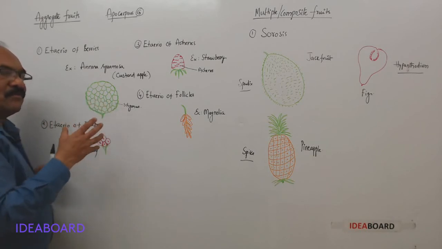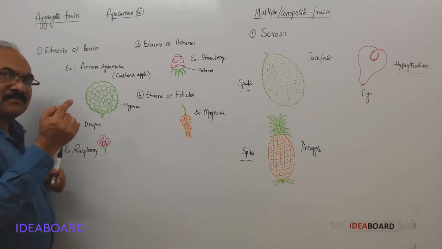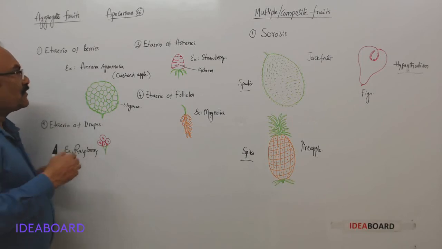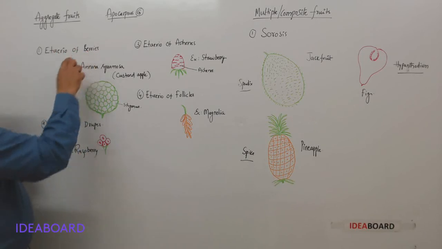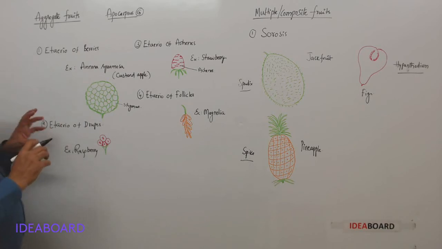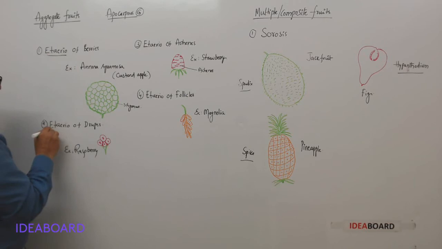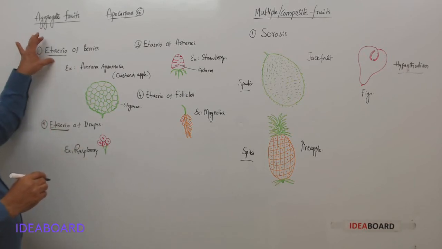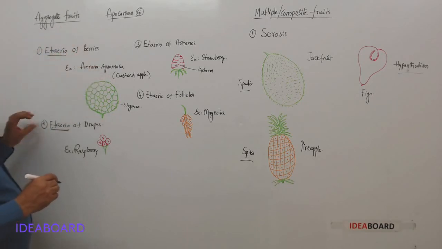When you open them you will find so many white colored fruits with black seeds, and each one is a fruitlet. They are berries, so that's why the cluster is called etario. Here in aggregate fruits we use this word etario, that is a cluster. So it is an example for etaria of berries, custard apple.